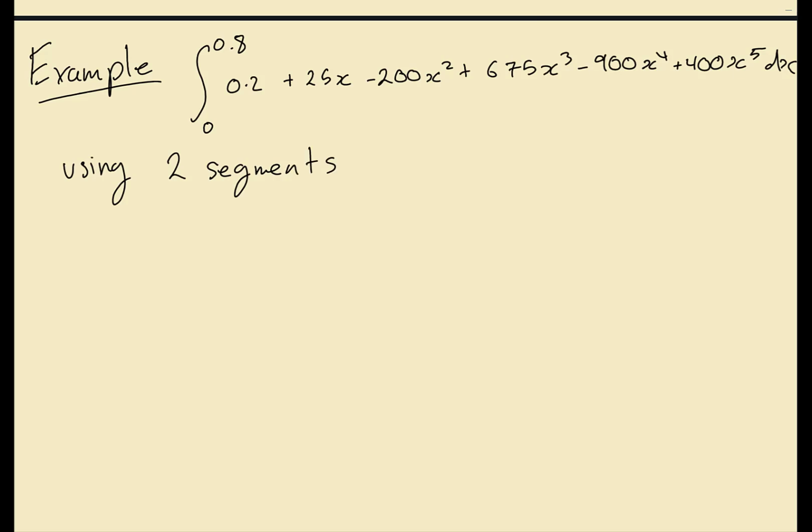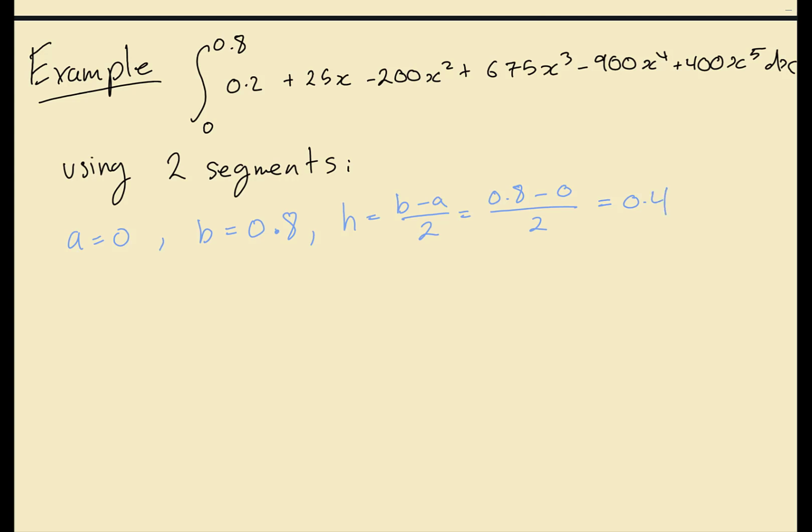So what's a in this case? a is 0, and b is 0.8. What's h in this case? We have n equal to 2, so h is equal to (b minus a) divided by 2, so (0.8 minus 0) divided by 2 gives us 0.4.